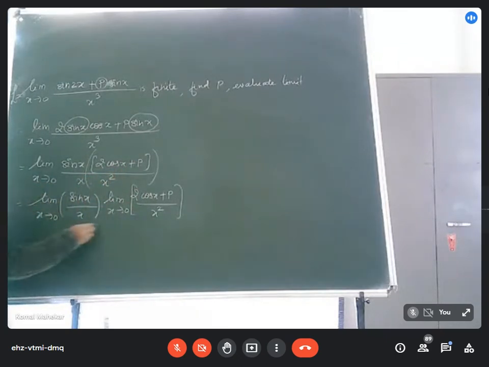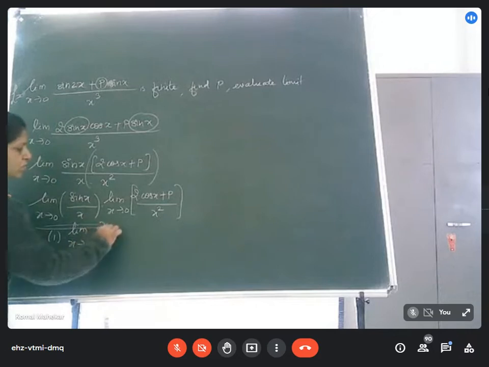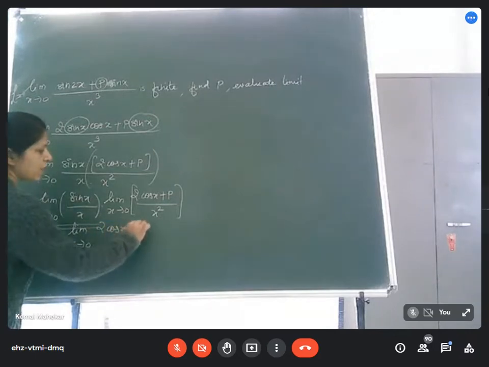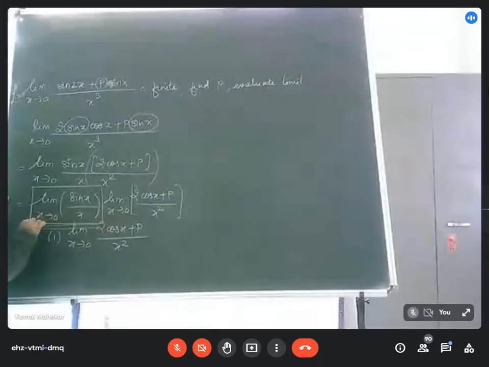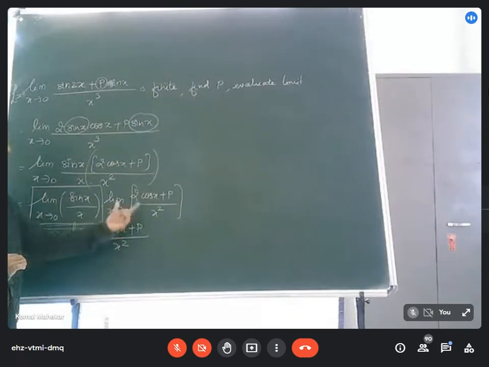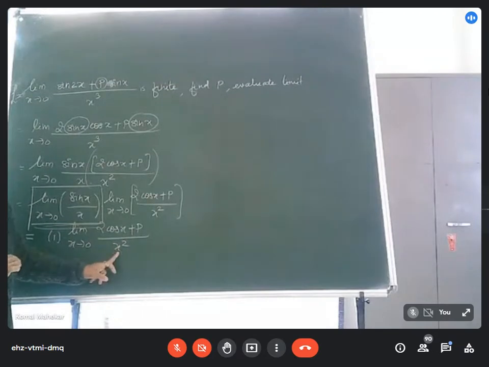Now we know that this is the standard result. Limit of sin x upon x as x tends to 0 is always 1. So this is 1 multiplied by limit of x tends to 0, 2 cos of x plus p upon x square. So we get only limit of the second term, that is 2 cos x plus p upon x square.